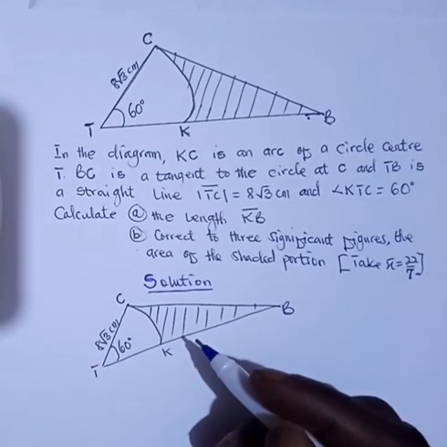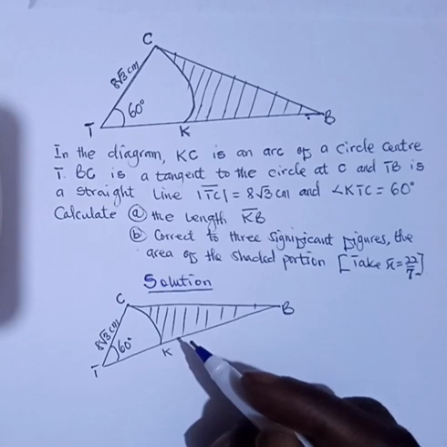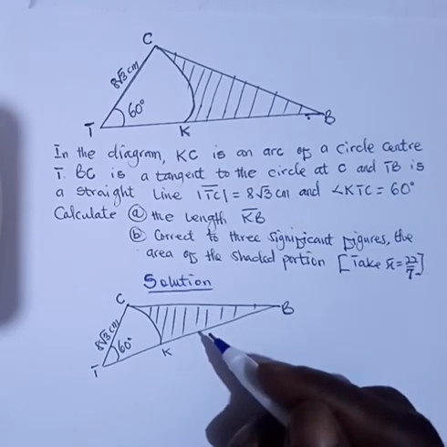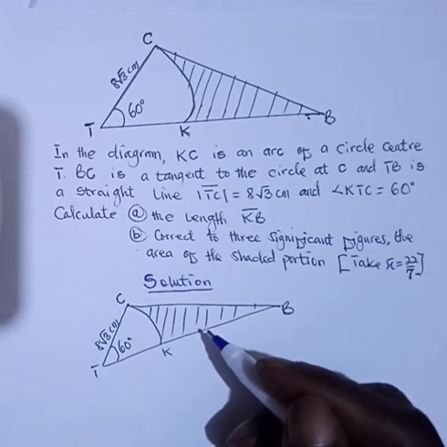All right, so let's look at this question. In this question, KC is an arc of circle center T. BC is a tangent to the circle at C, and TB is a straight line.